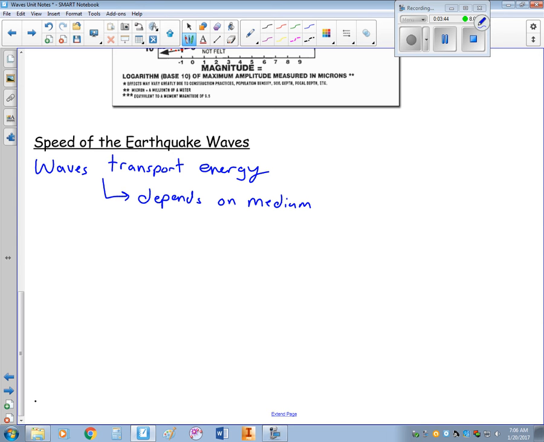Remember that the medium is the material through which the wave passes. Now, it is very dangerous when an earthquake moves from a high velocity material to a low velocity material.